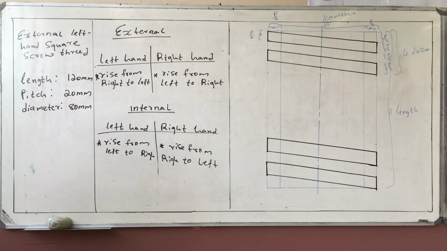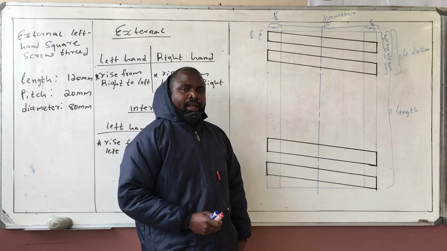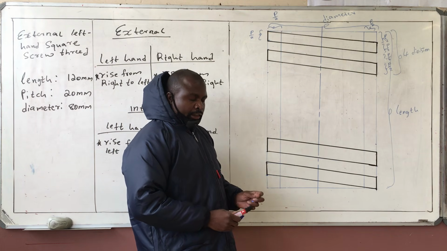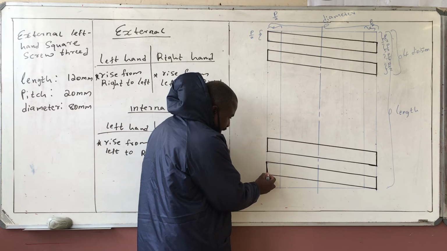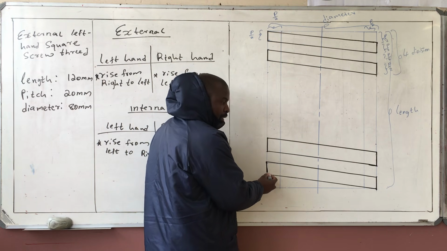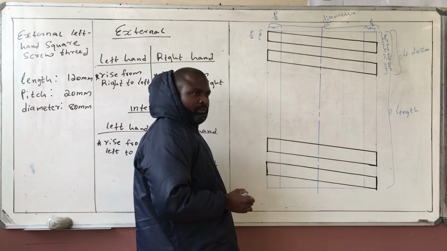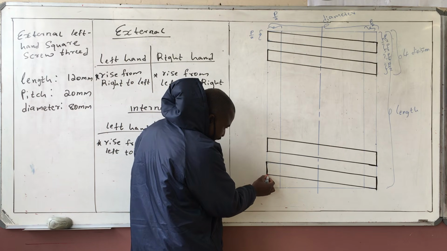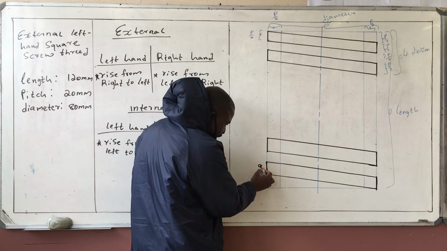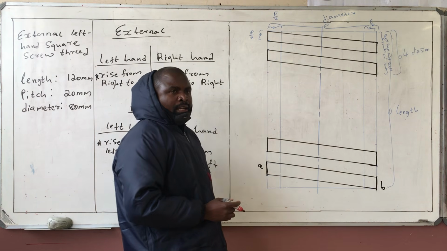Let us look at the first bold rectangle. We have this shorter side on the left side and this shorter side on the right side. So this side on the left, I will call it A, and this side I will call it B. You do not need to label.